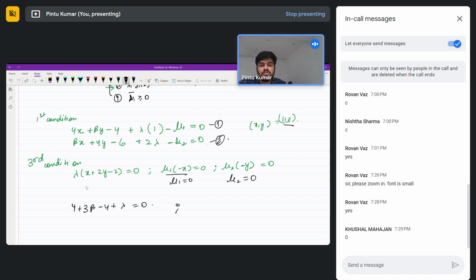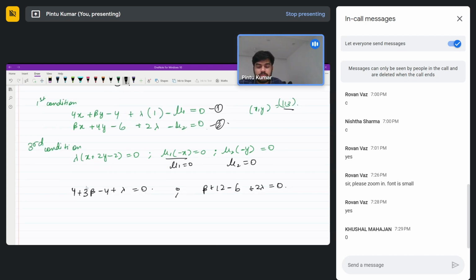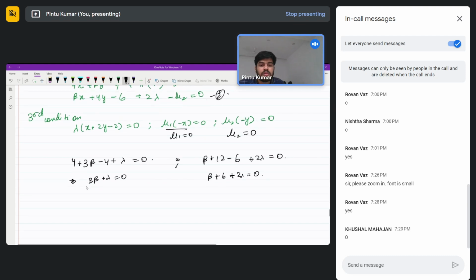And from equation 2, I have beta plus 12 minus 6 plus 2 lambda equal to 0. So let's try to solve this for beta. This would mean 3 beta plus lambda equal to 0, and beta plus 6 plus 2 lambda equal to 6. Okay, so I think this is what we should obtain.